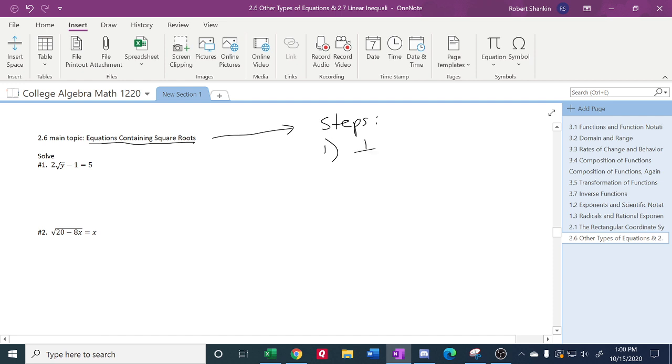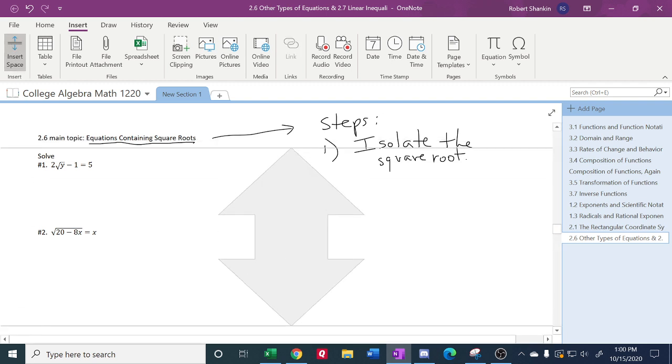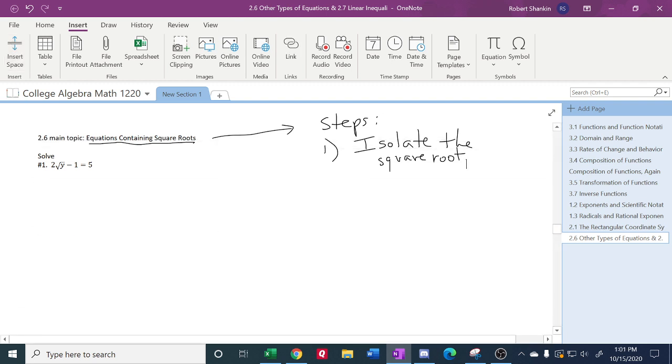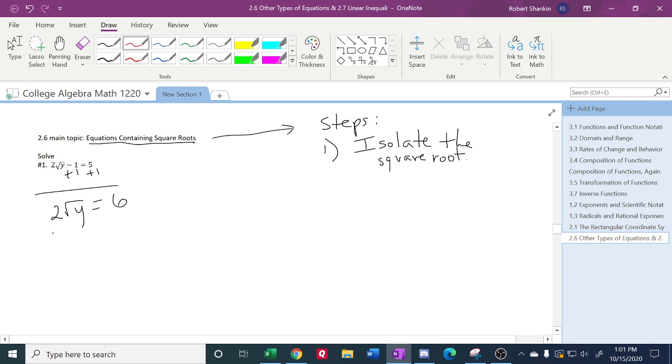So I isolate the square root. Get it all by itself. Once you get it all by itself, let's just go ahead and do that first step here. Alright, come over here and I'm going to add 1. And I'm going to divide by 2.